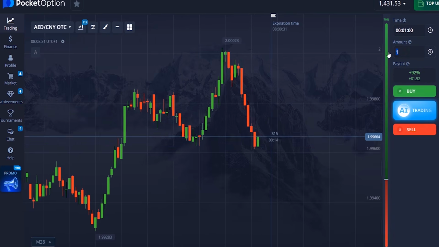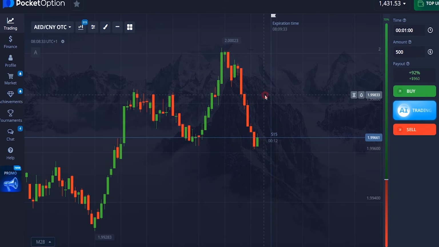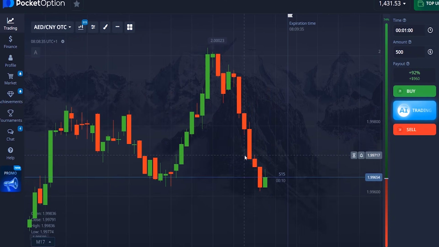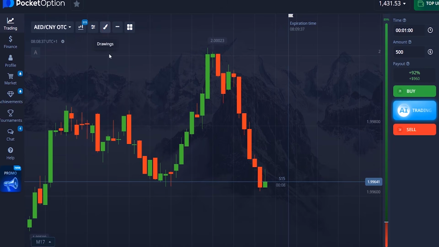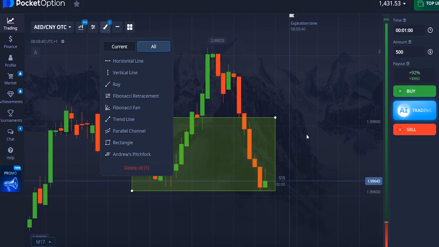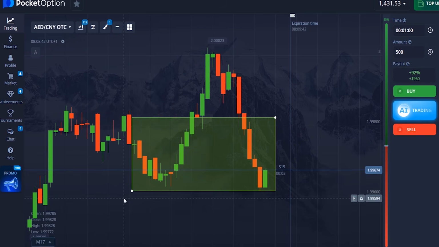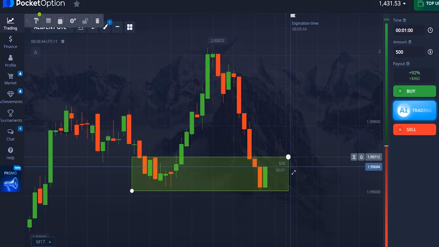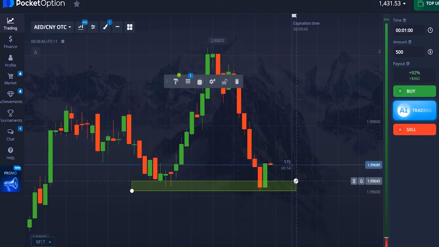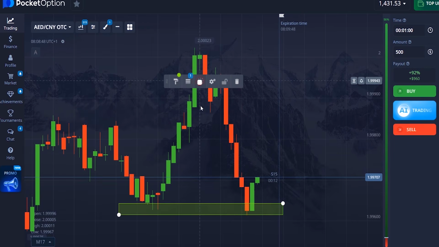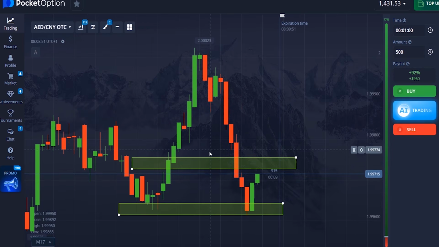So right here, I think I'm finding another opportunity. But firstly, I'll have to let me map out the key support zone and the key resistance zone.